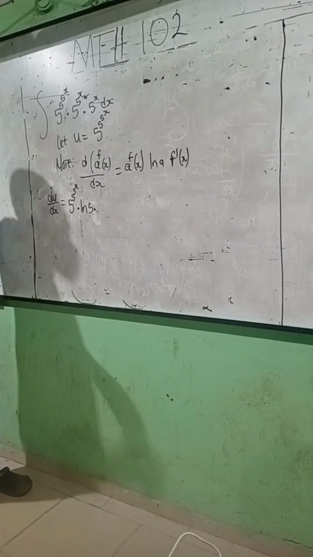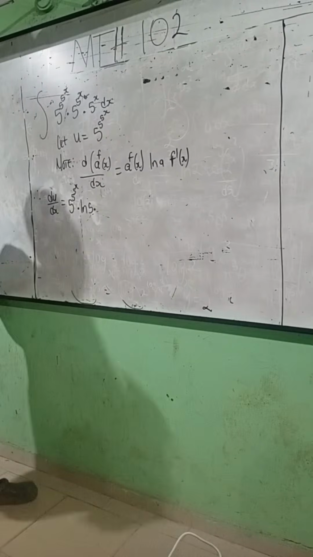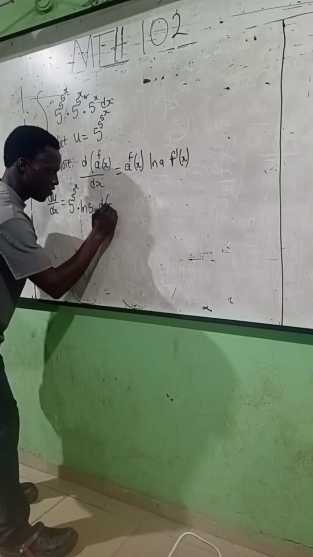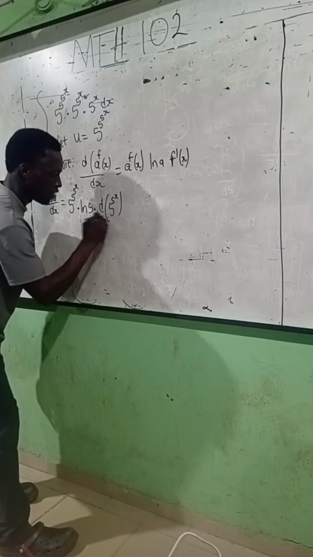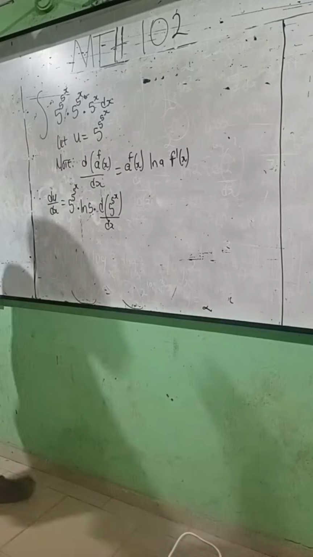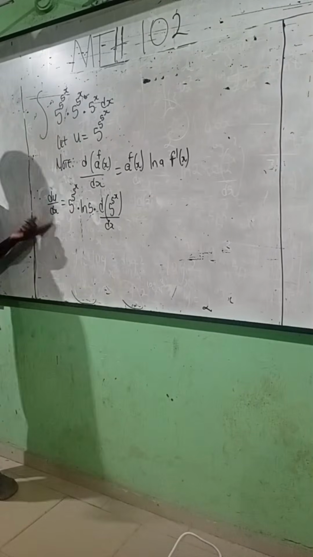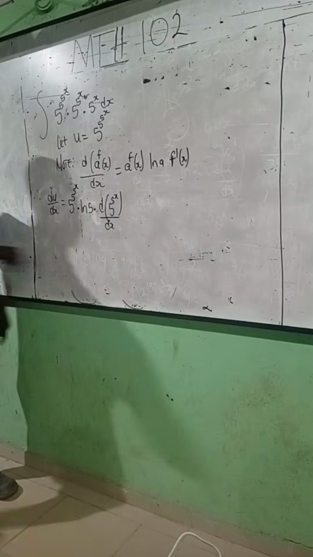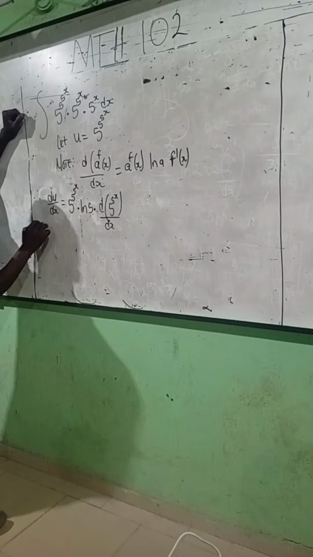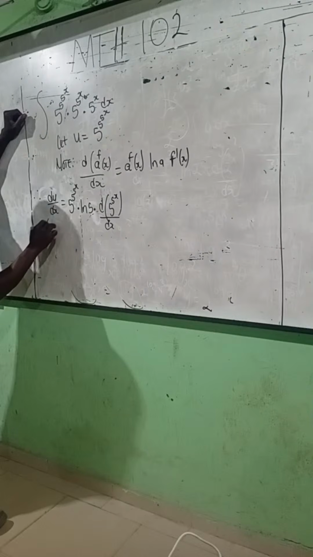What's the power? 5 raised to power 5 raised to power x, right? We have to differentiate that one again, still applying this formula. So I don't want to write it at once. Now let's bring this guy out.